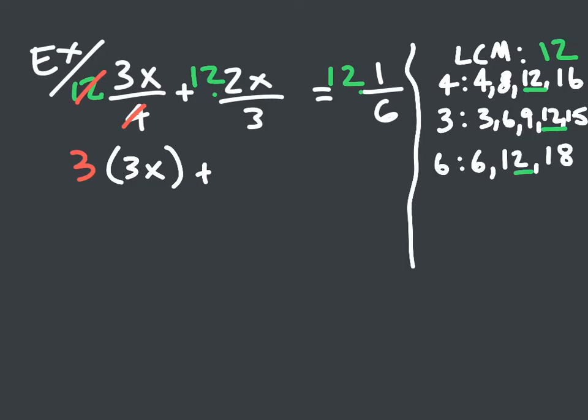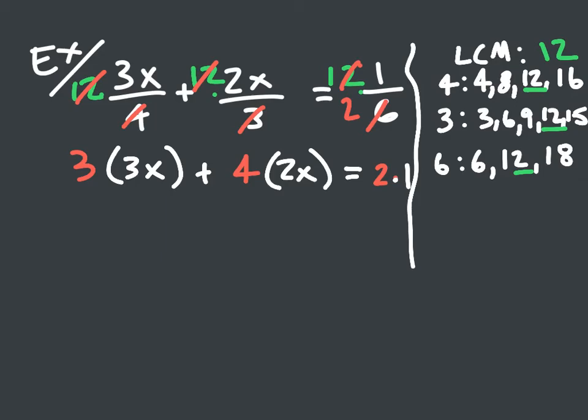I've got 12 over 3, which gives me 4, and I'm going to drop down my 2x. And then 12 divided by 6 divides out to 2. And so over here, I've got equals and then 2 times 1, which is just going to give me 2.